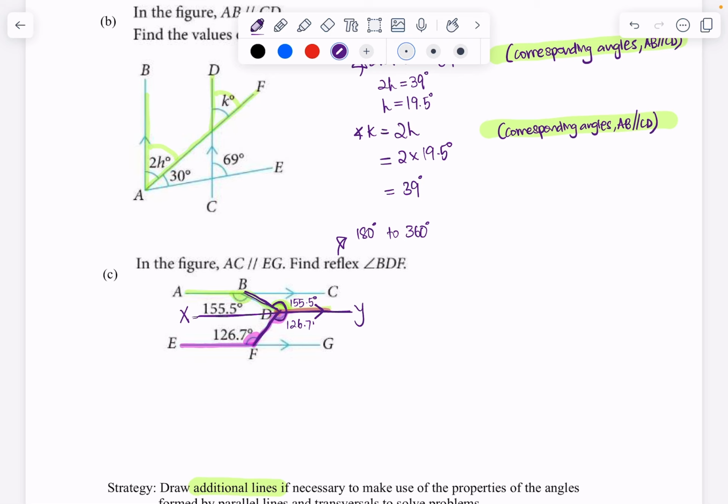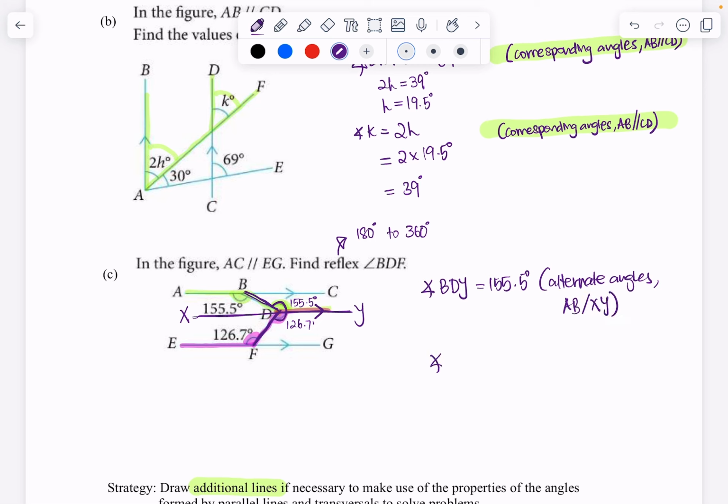So how can we present our work? First, we concluded angle BDY was 155.5 due to alternate angles where the lines AB and XY are parallel.